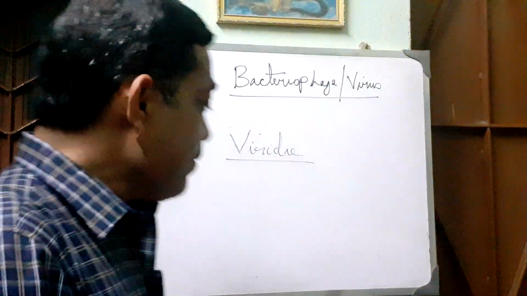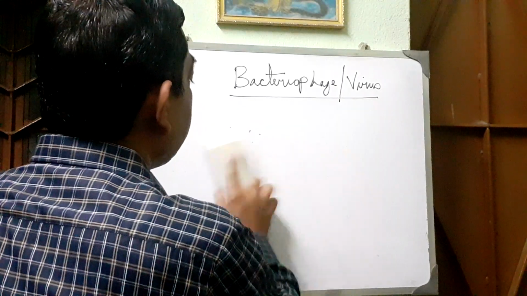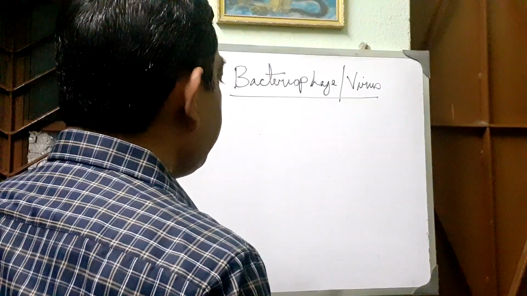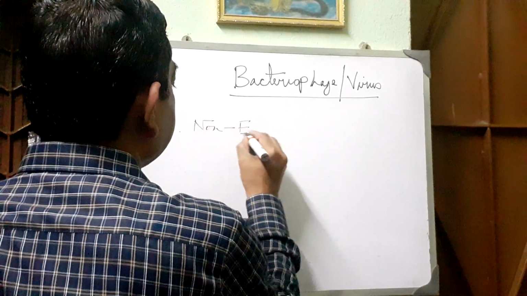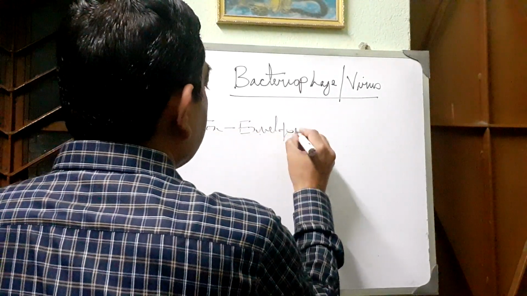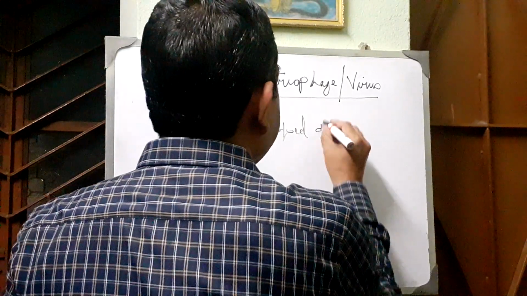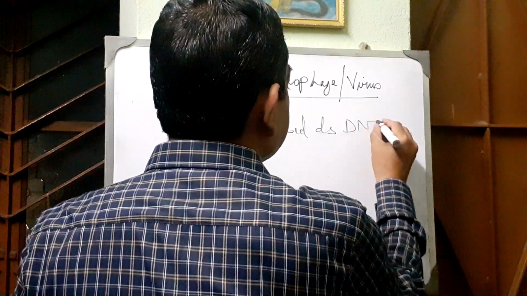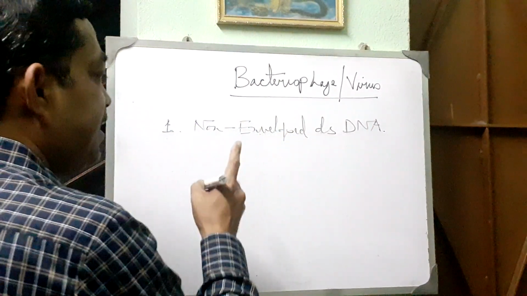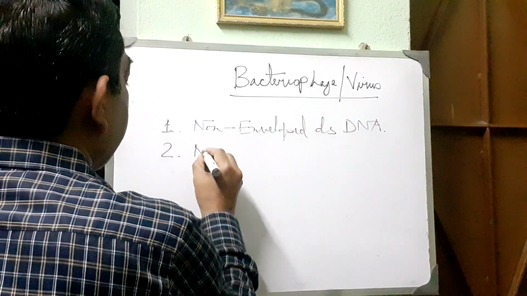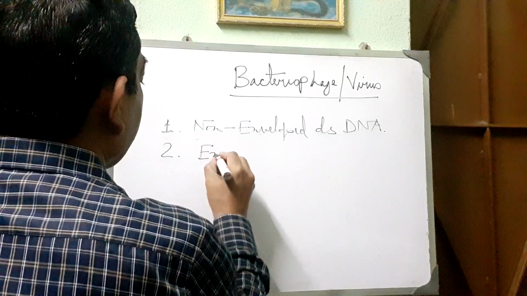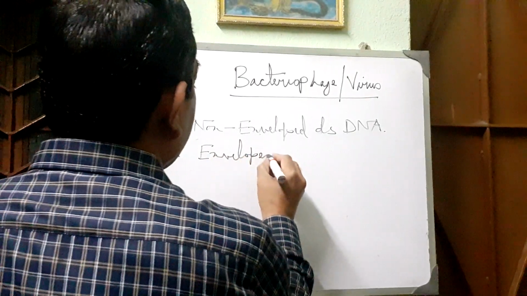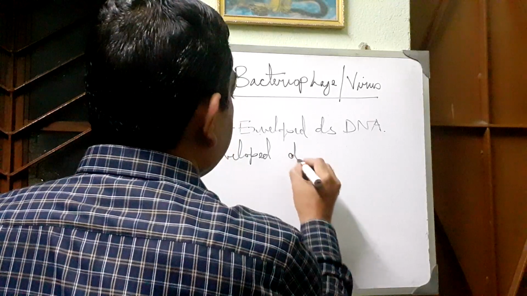So now I am going to discuss some groups of classification of bacteriophage. First group is the non-enveloped double-stranded DNA. Those virus particles we call double-stranded DNA non-enveloped. Second, enveloped double-stranded DNA.